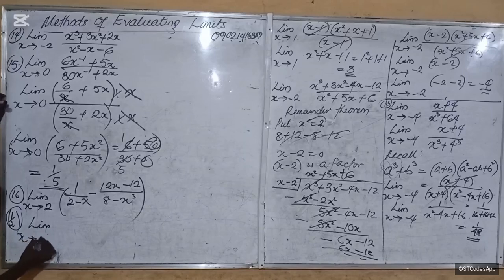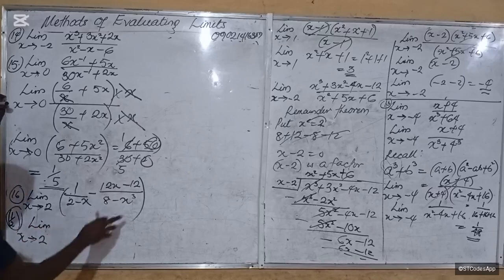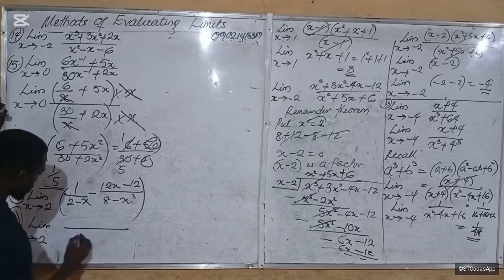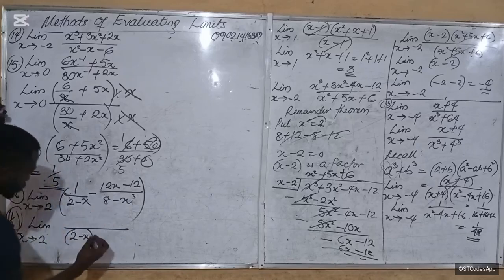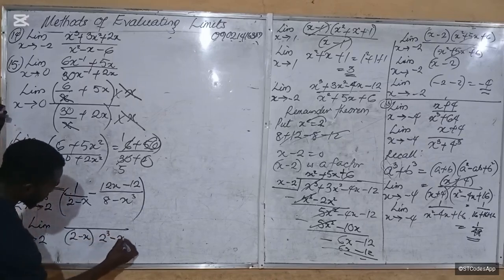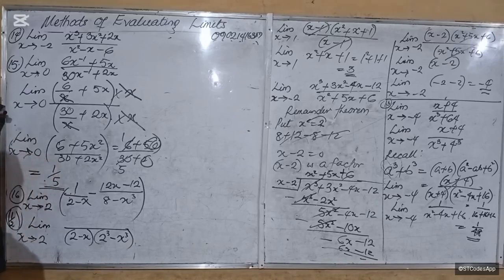So the limit as x approaches 2 of, how do we take the LCM, right? So that becomes 2 minus x, and this one can be simplified into 2 raised to the power 3 minus x raised to the power 3. By the time we solve it, this in this will remain this, right?